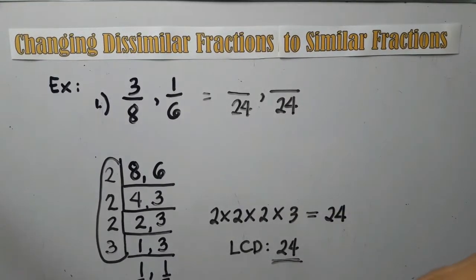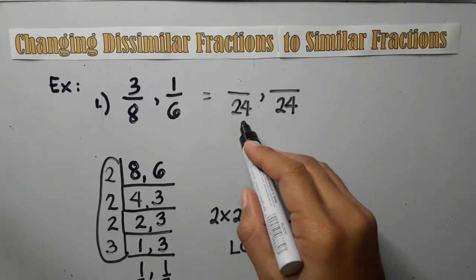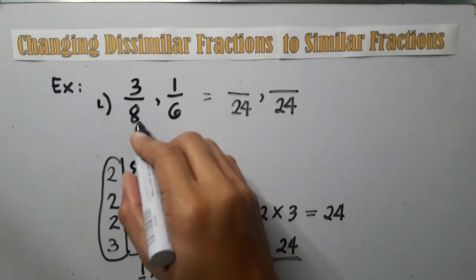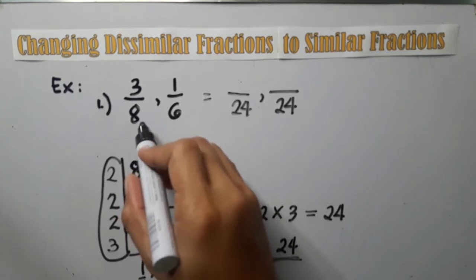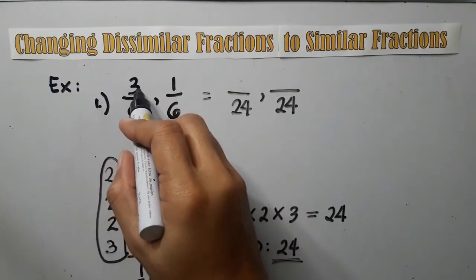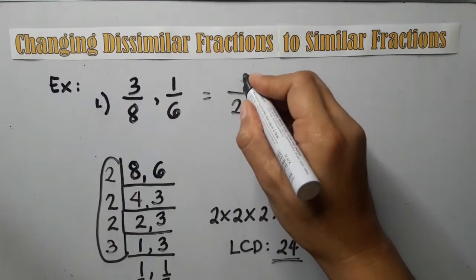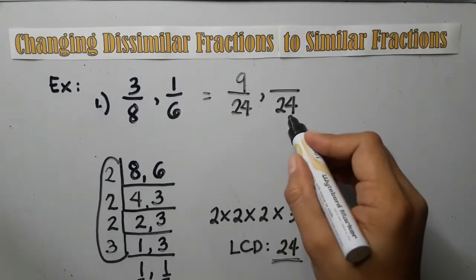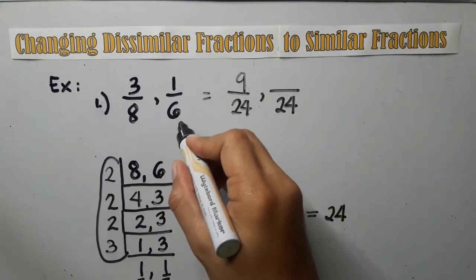Then what would be our next step? 24 divided by 8 is 3. Then times 3, so that is 9. Then 24 divided by 6 is 4.